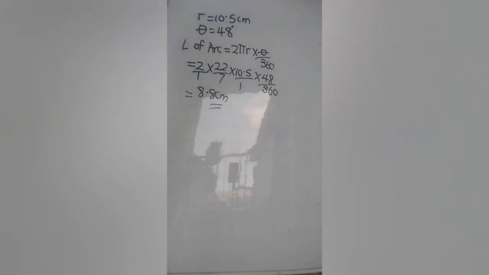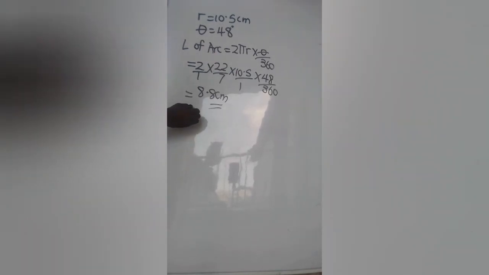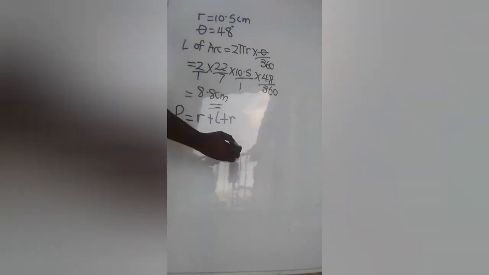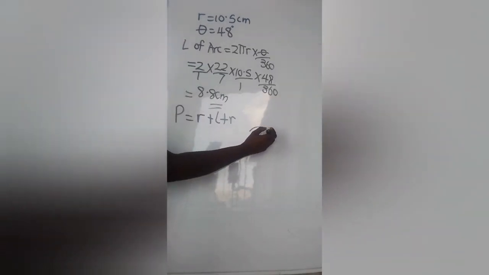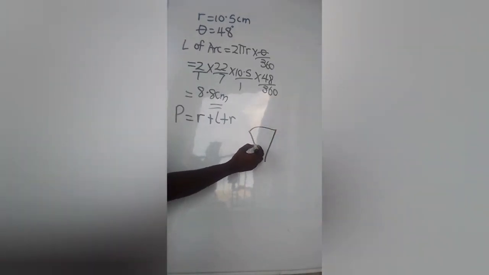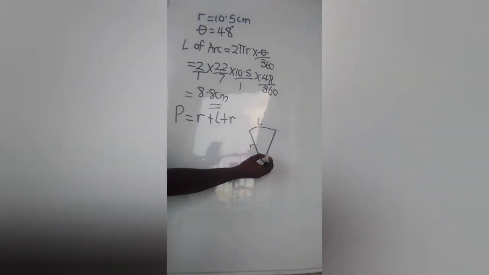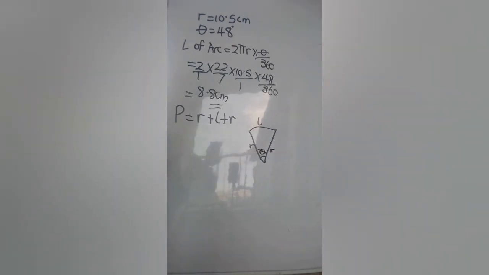This is the length of arc, not yet the answer. Since we found the length of arc, in order to get the perimeter, we are going to add the radius plus the length of arc plus the radius of the other side, because the sector looks like this. This is the length of arc we found, this is the radius, and this is the angle of the sector.